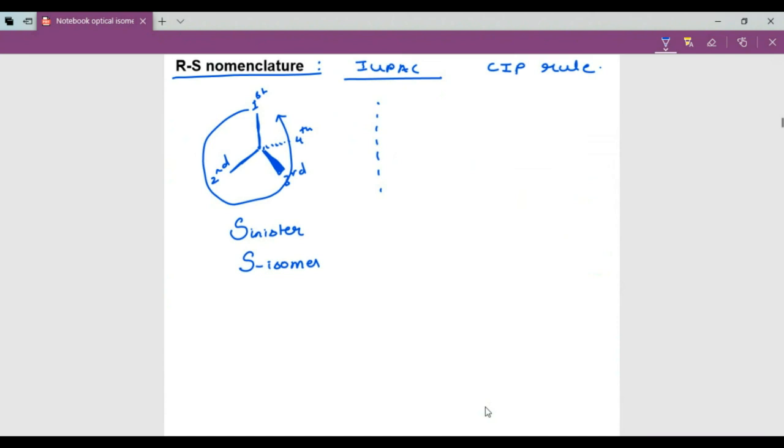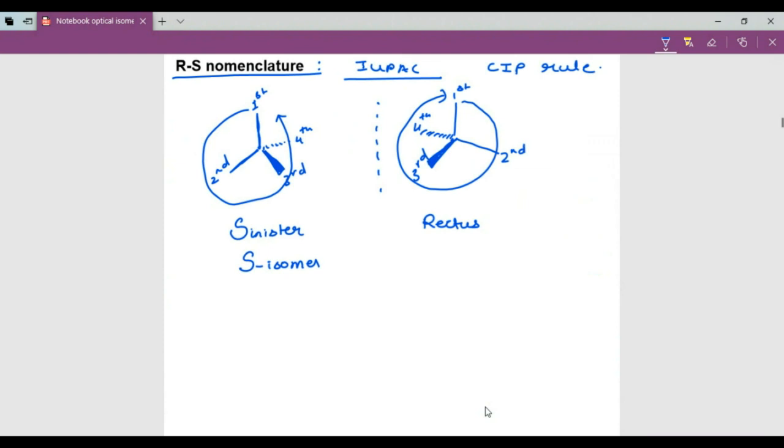Its mirror image, with first priority, second priority, fourth, automatically in a mirror image goes right-handed. That is rectus.